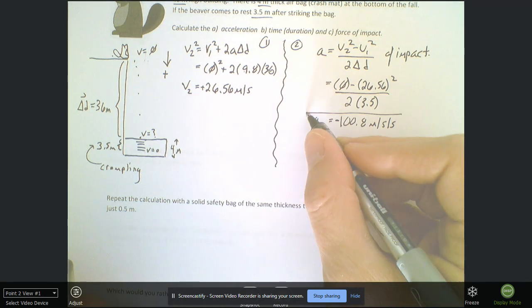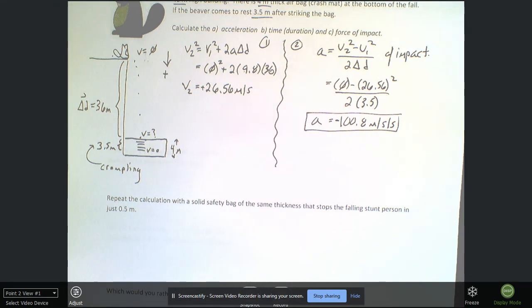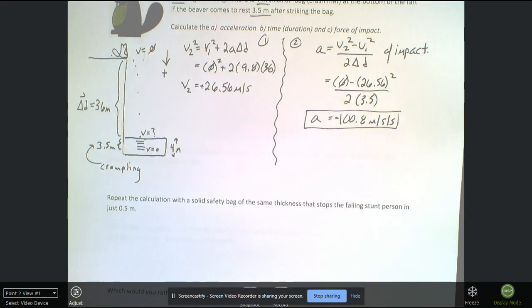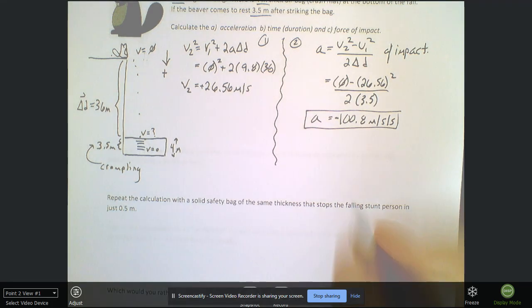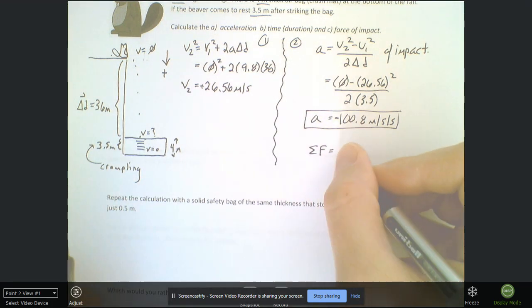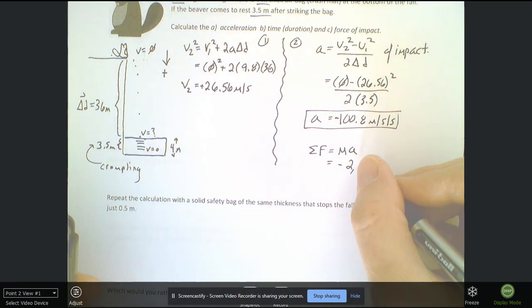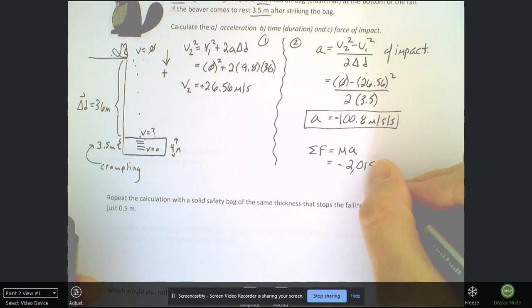So it means that he's slowing down because he's moving in a positive direction, i.e. downward, and that makes him have a deceleration of negative 100. And then if you multiply that by 20, his impact force is negative 2,015 newtons approximately.